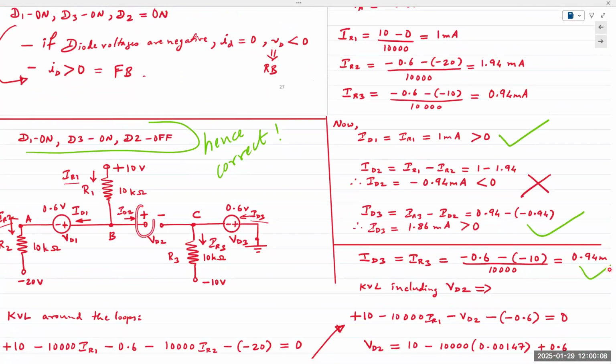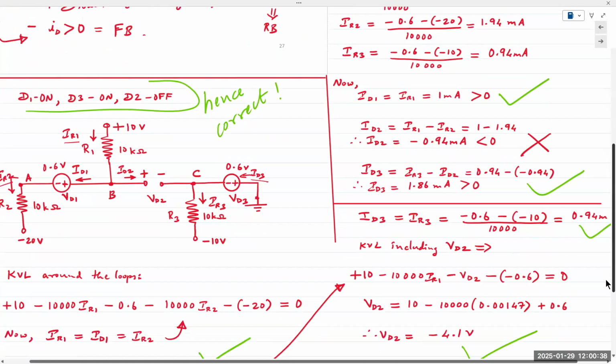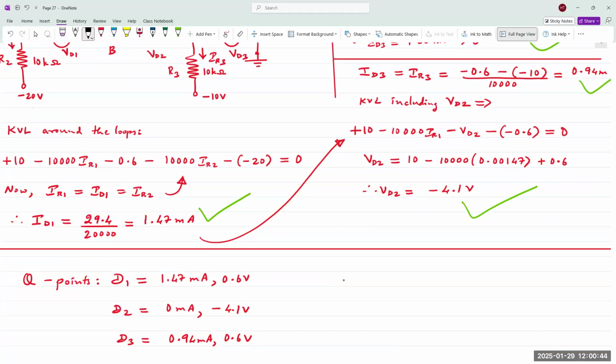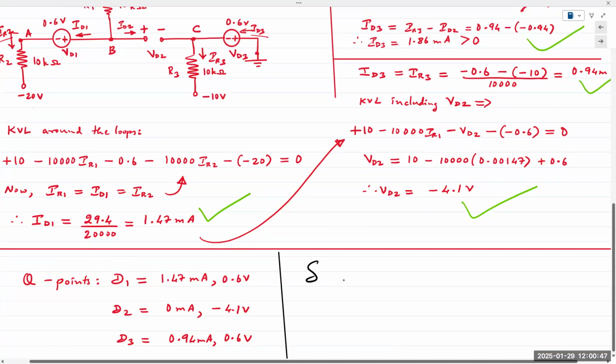Diode voltage is always positive at the anode. And that VD, because I'm assuming it to be off, must be negative. If it turns out to be a positive number, then it's not off, then it's on. That means my assumption would be incorrect. I would have to choose a third assumption. And so there are 6 other possible combinations.